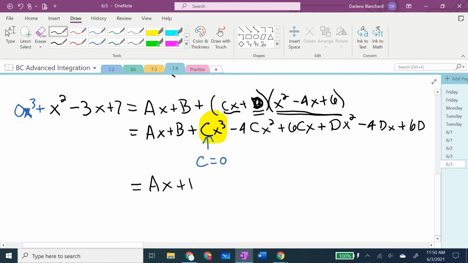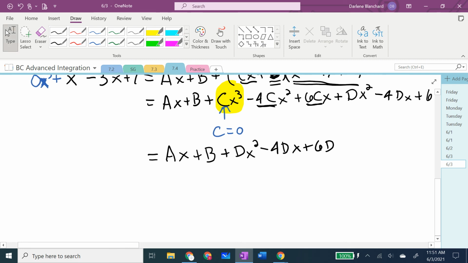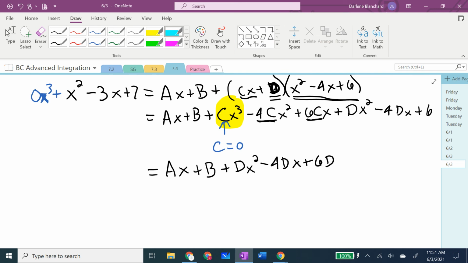That means I've got ax plus b, that's gone. And oh, look at that. Bye-bye. And bye-bye. That just really brought things down. And now I can see that I only have a single term with x squared in it once I make that realization.